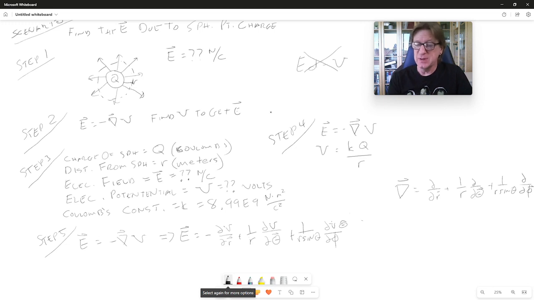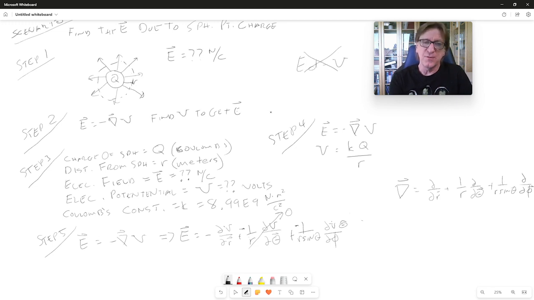So this one is definitely not 0. Now, if we think about theta, that would be going around this way, kind of visualizing a sphere. Do you see that at any given r, the electric field is going to be constant? So this term is going to be 0. Now, technically, that should be a minus, and that should be a minus, because that negative should carry through. But as we're going to see, that one's actually 0.